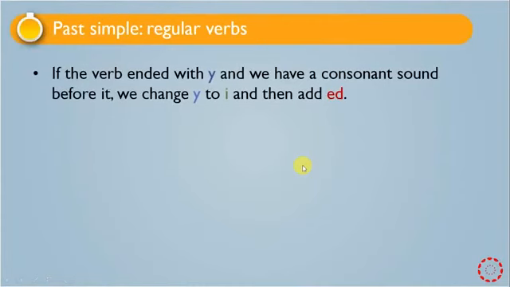If the verb ended with y and we have a consonant sound before y, we change y to i and then add ed. Look at these examples. Carry ended with y and we have a consonant sound before y.